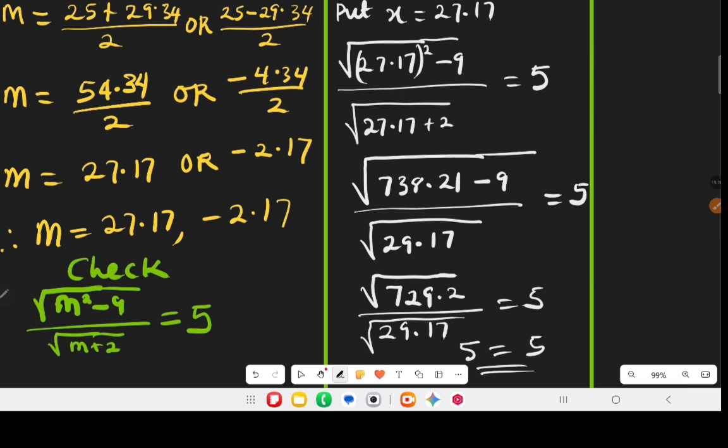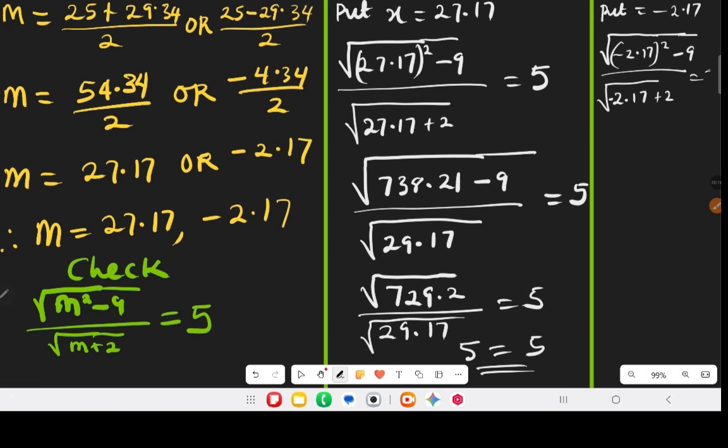Then we consider the second one. When we put m equal to minus 2.17 in the original equation, we have the root of minus 2.17 all squared minus 9 all over the square root of minus 2.17 plus 2.